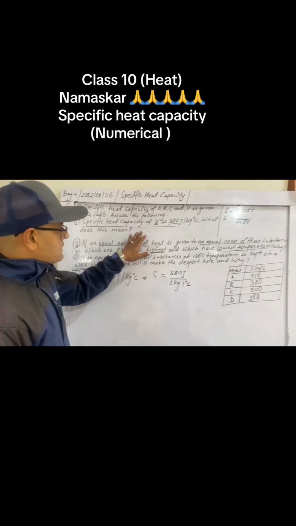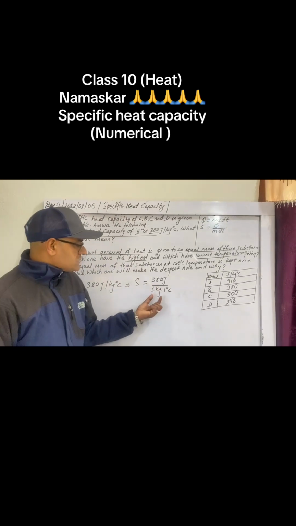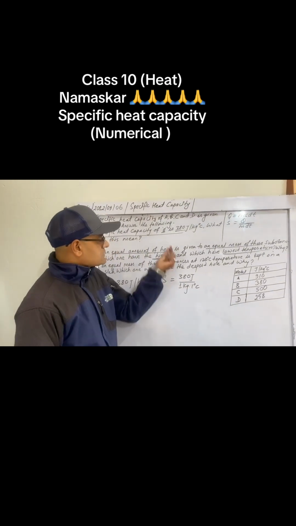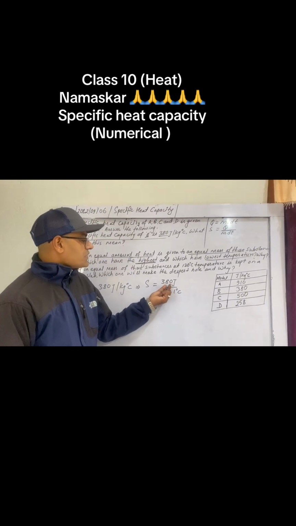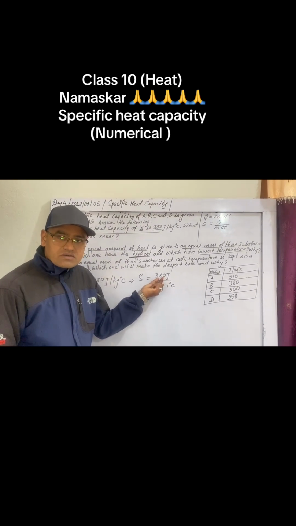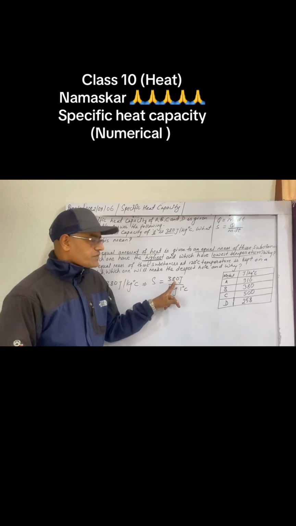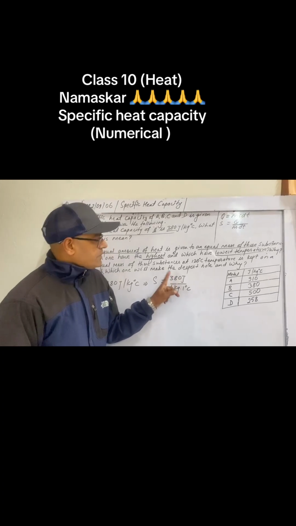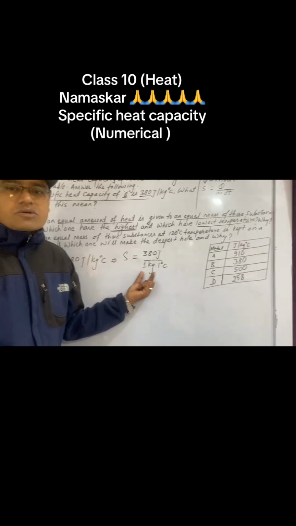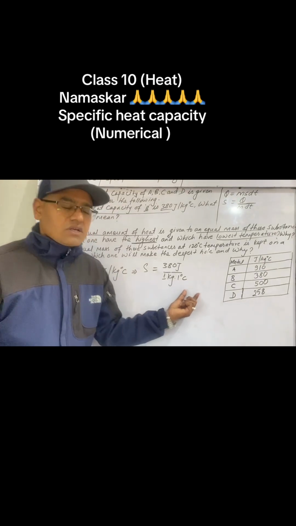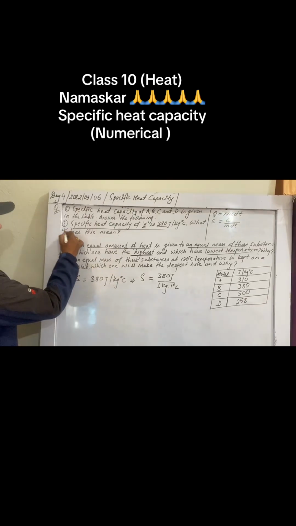So the statement means that in order to raise the temperature of 1 kg of substance B by 1 degree centigrade, 380 joule of heat energy is required. So once again, 380 joule of heat energy is required to change the temperature of 1 kg of substance B by 1 degree centigrade. So this is all about question number 1.